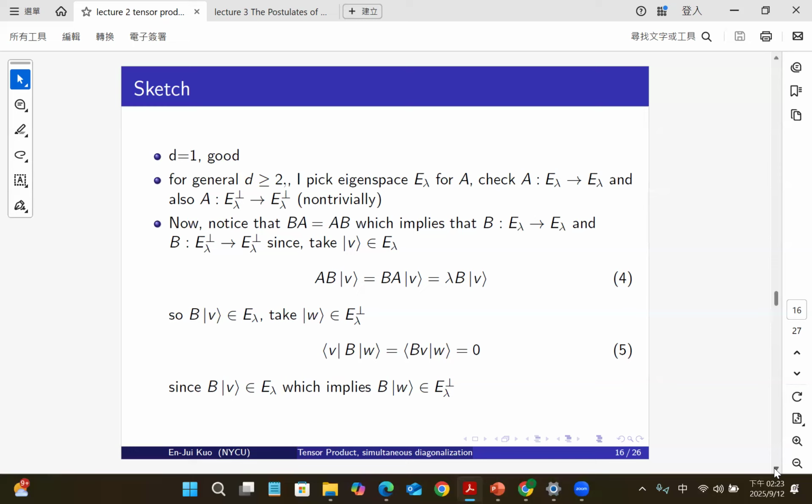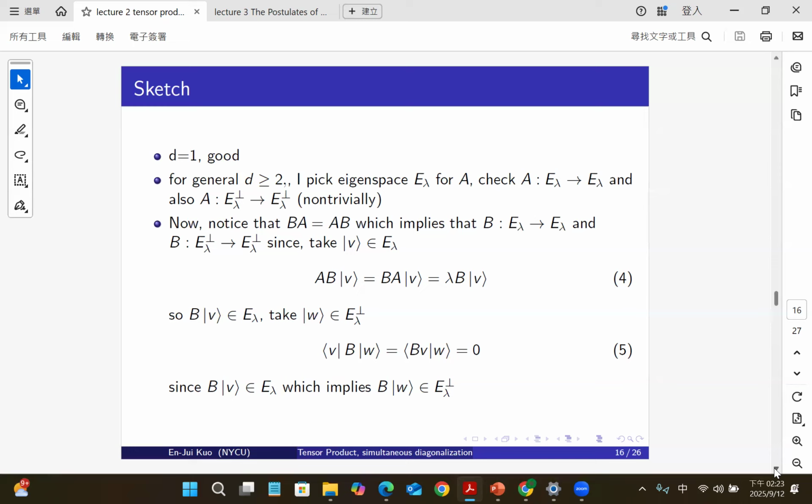So A applied on w would live in this orthogonal space. Okay, so A will not trivially act. A will break into the eigenspace and the orthogonal space, and this is the so-called invariant subspace.